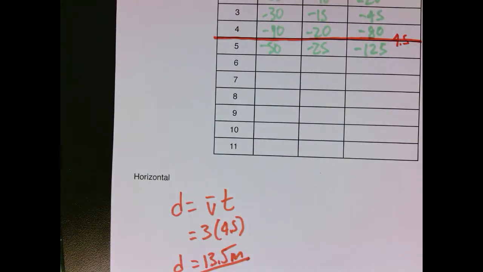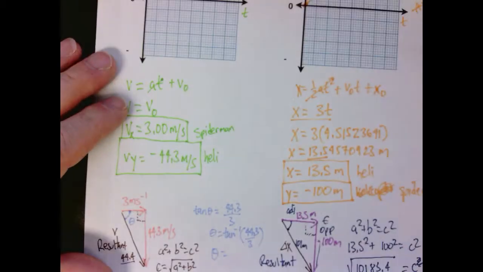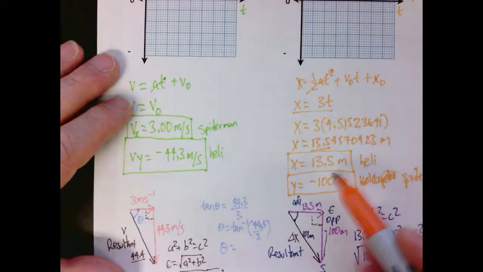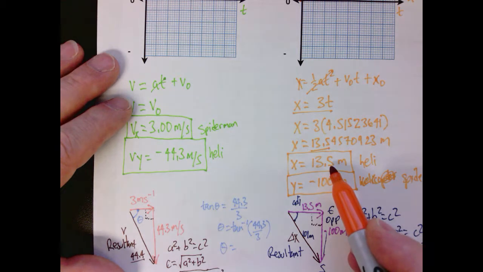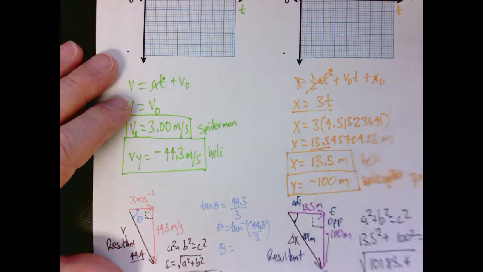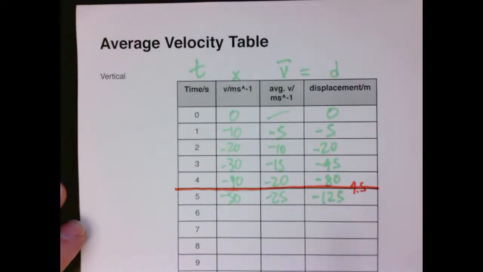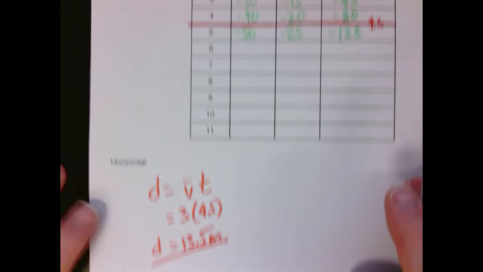Now, ironically, or not so ironically, when we come back to our perfectly analytical complex calculation, it's 13.54. And we ended up with an answer of 13.5. Now, the table method will not always get us so close, but this is how we would use the table method to solve this kind of problem.